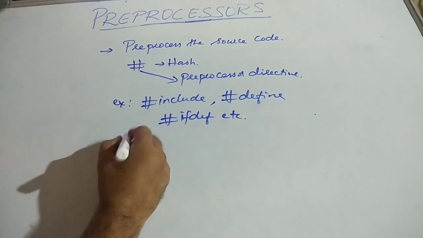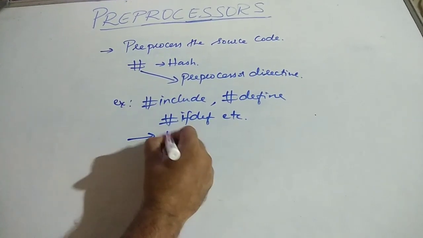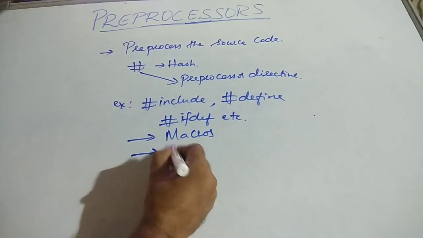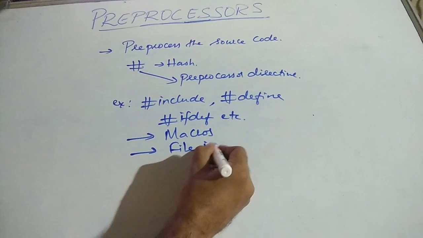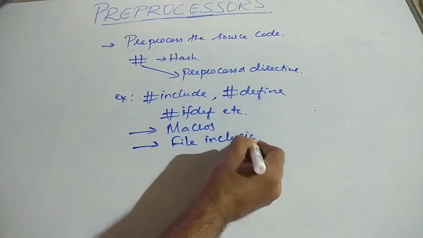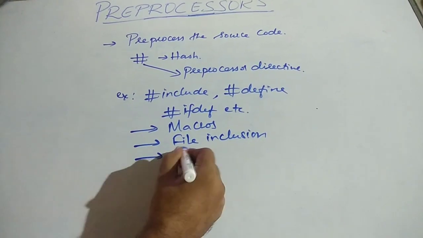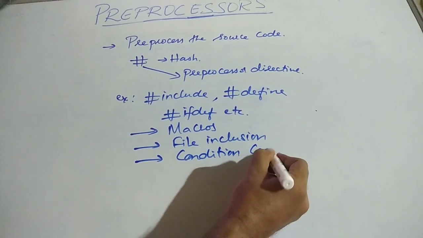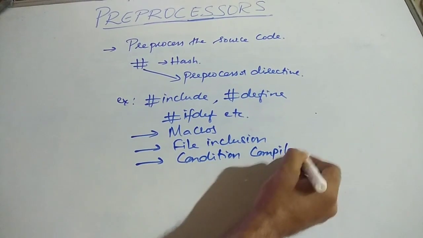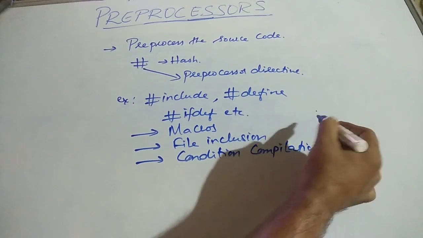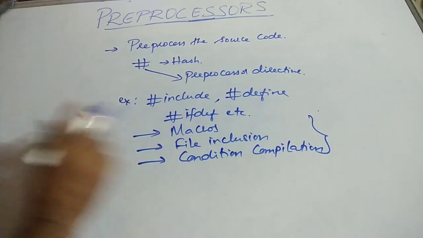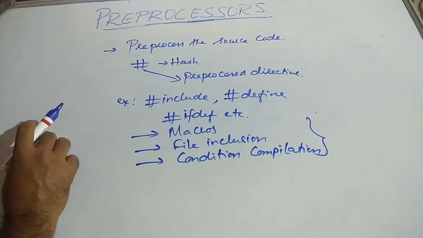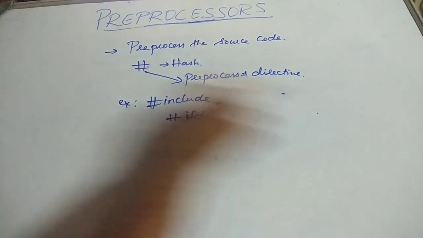The main types of preprocessor directives are: first, macros; second, file inclusion directives; and third, conditional compilation directives. So these are the three main categories of preprocessor directives. Is it clear? Now we'll see each directive individually.